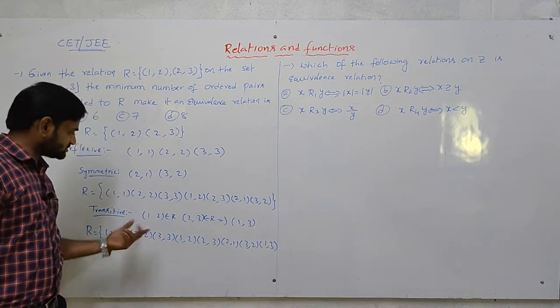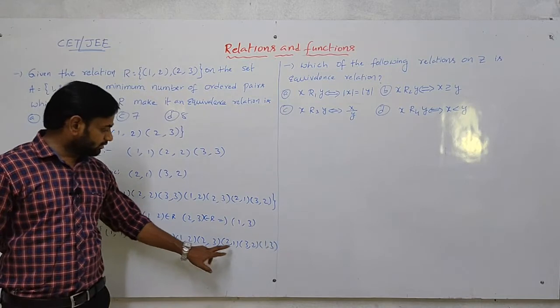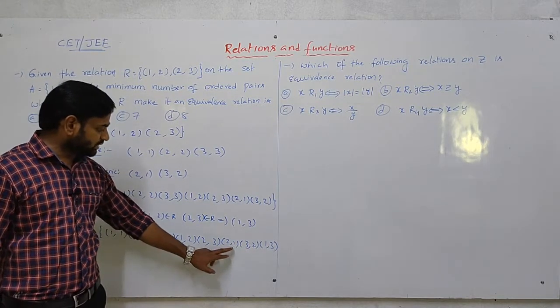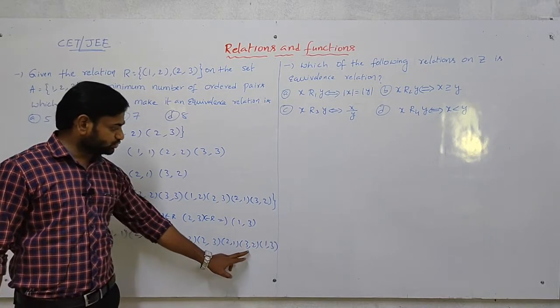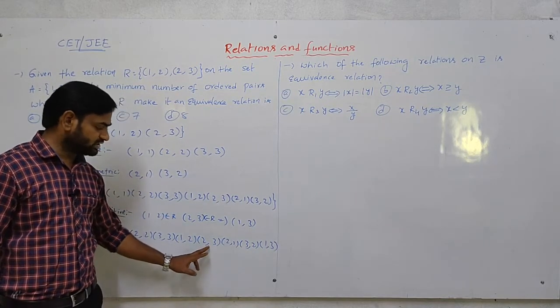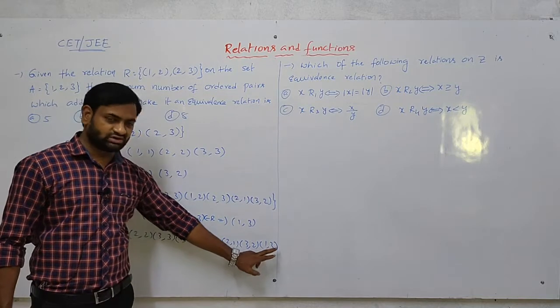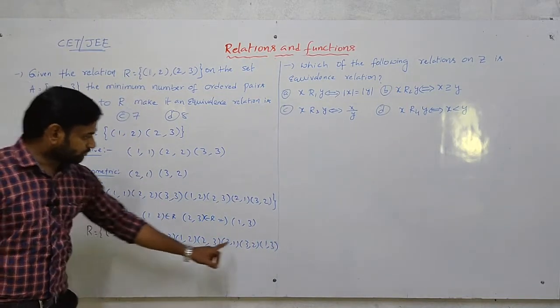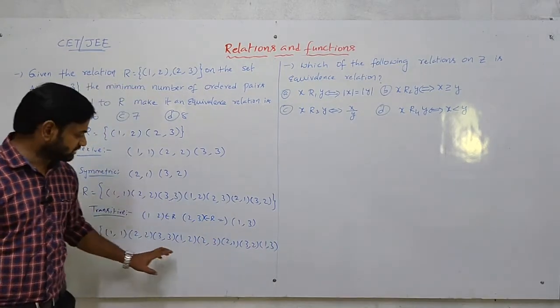Is it symmetric? Check once. Reverse. (1, 2) reverse is (2, 1). (2, 3) reverse is (3, 2). (2, 1) reverse is (1, 2), yes, it is there. (3, 2) reverse is (2, 3), it is there. (1, 3) reverse is (3, 1), is it there or not?